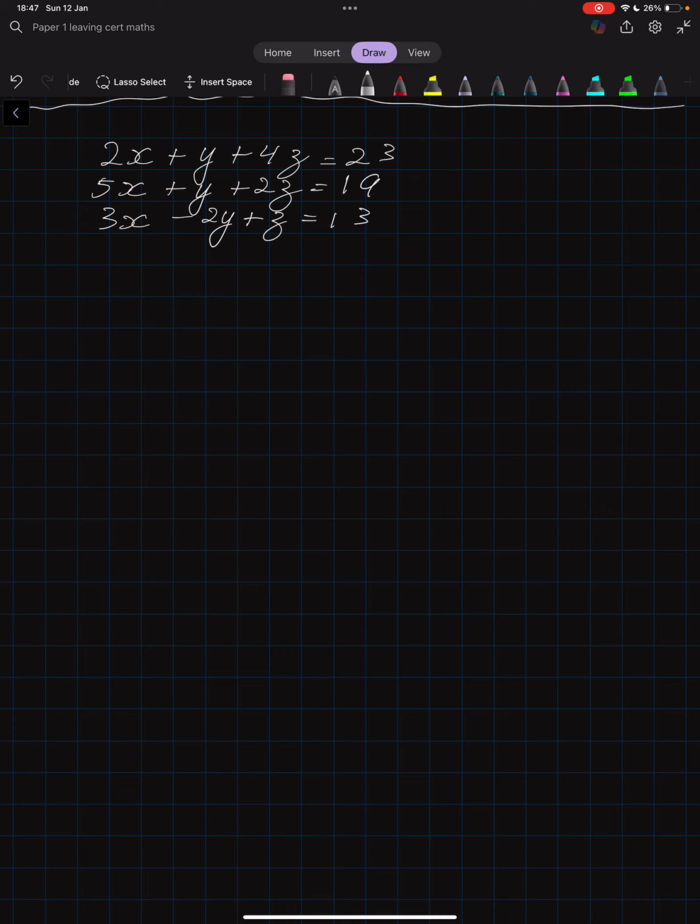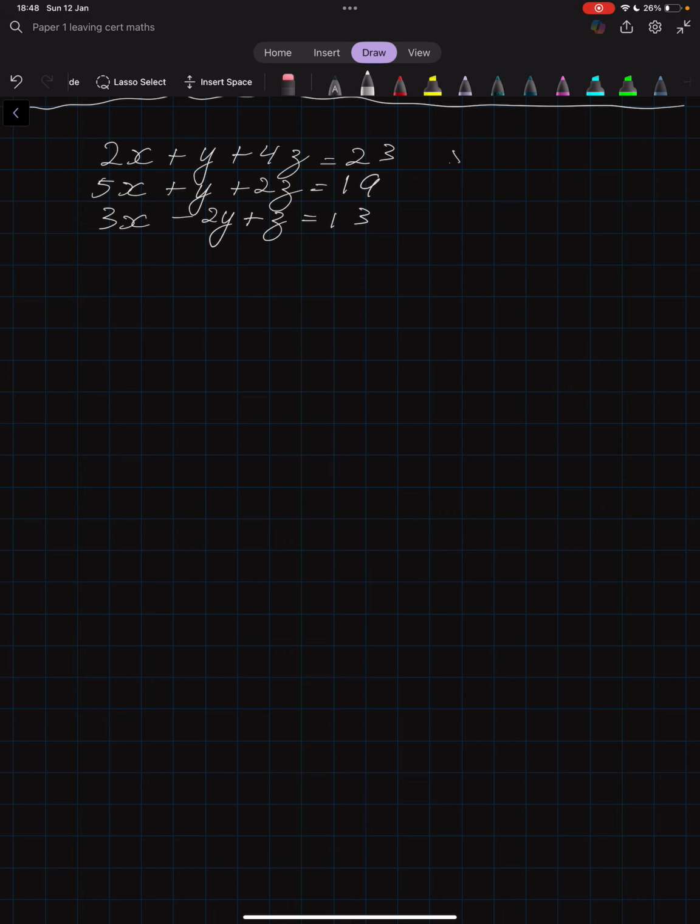So again, I want the same number of x's, same number of y's, or same number of z's. Now, I'm going to get rid of y. You don't have to do that, but I'm personally going to do that. So I'm going to make sure all the equations have the same number of y's. So I'm going to multiply the top two equations by 2. So I'll have 2 y's, and then there's already a 2 in the third equation.